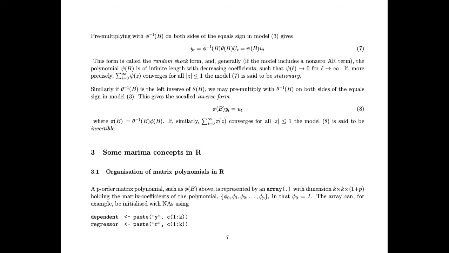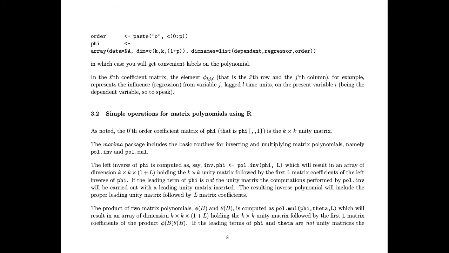The way they are stored is not so clear from what is written; you have to read the entire text, and then it makes perfect sense. If the order k is 3, you make an array with dimension 3, 3, and then the order plus 1. The plus 1 is to have the identity matrix up front. So you host the identity matrix, and then the following matrices are the coefficients.